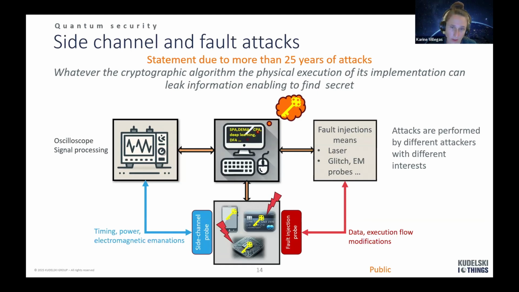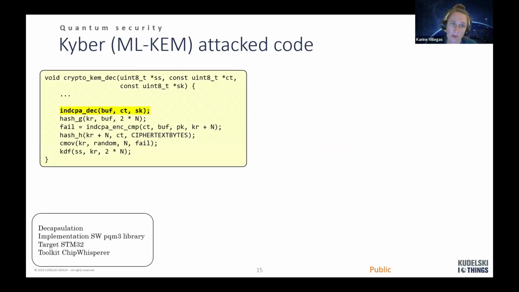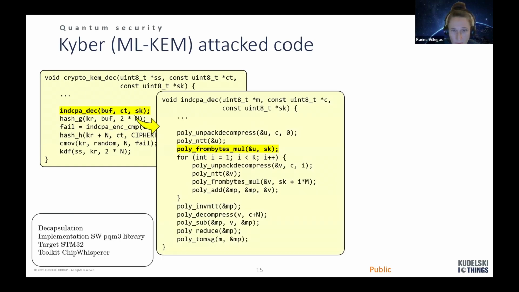If we would like to illustrate what I've just said on ML-KEM, here I put a sample of the code which is available in the PQM4 library and which was executed on an STM32 platform. In yellow here you have the steps of decapsulation where SK is the secret key. So you want to retrieve the secrets that someone has encrypted with your public key. And you have many operations to perform because in ML-KEM, we rely on lattices, so we rely on polynomial operations.